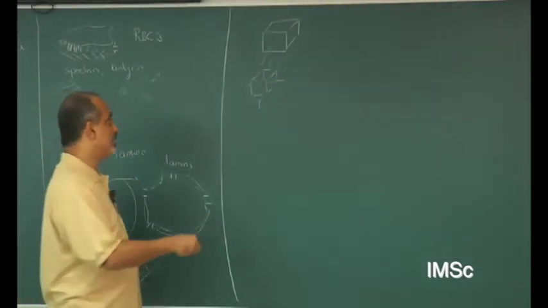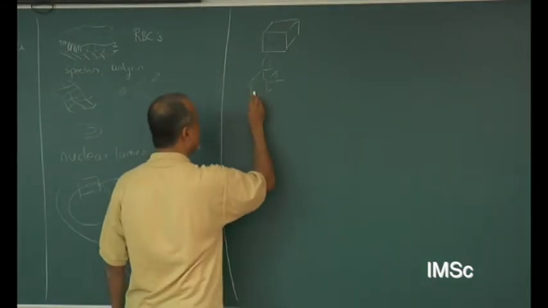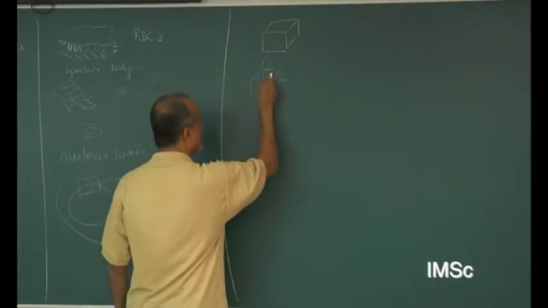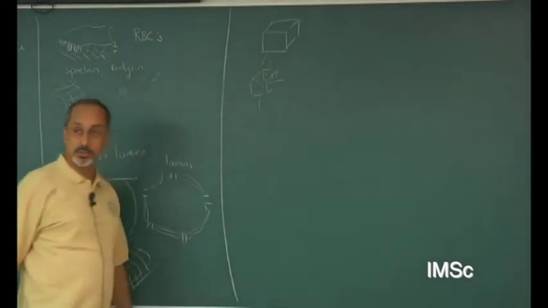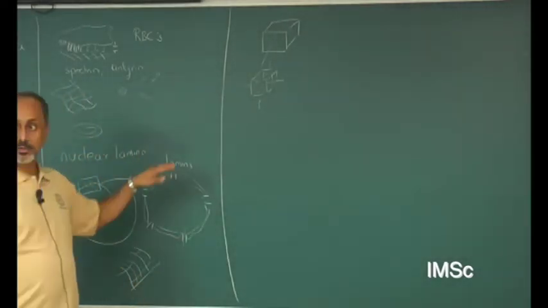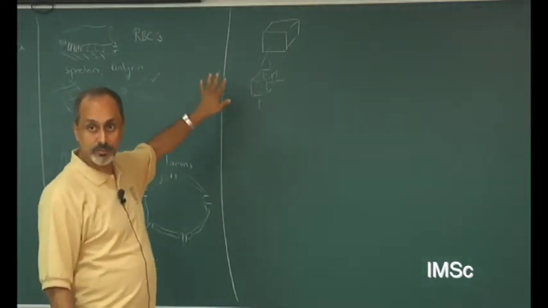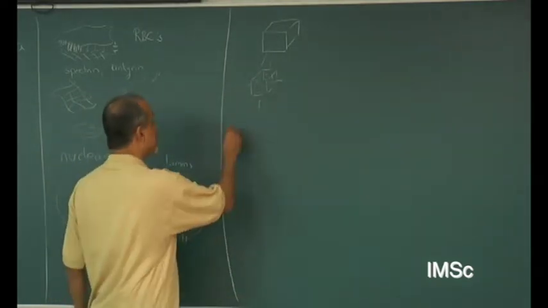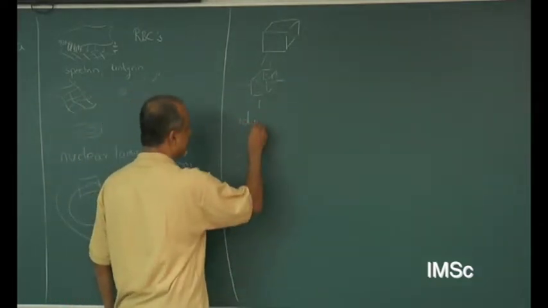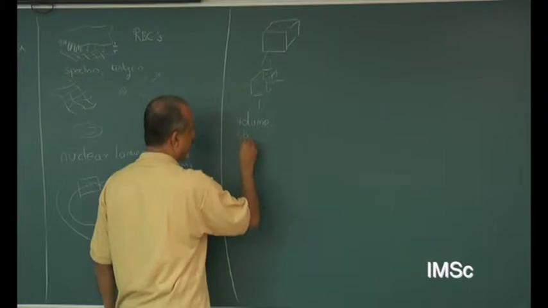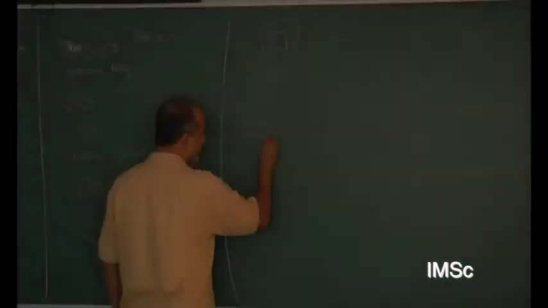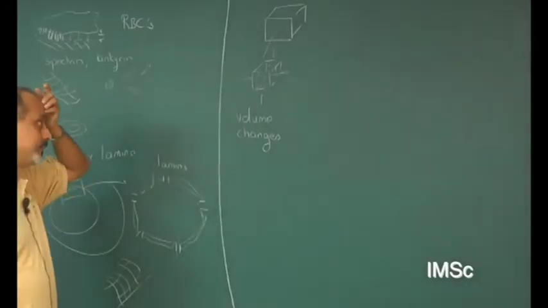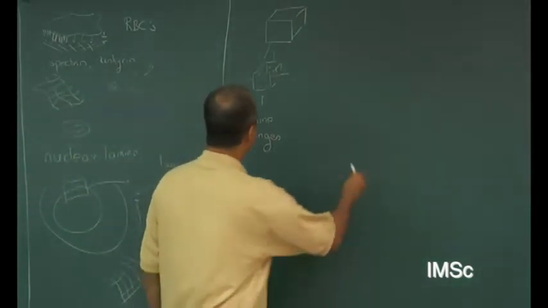Okay? As a consequence of this pressure, this system will distort a little bit and maybe become this much smaller cube. So we need to ask what is the energy required to perform this distortion. And this distortion is a volume changing distortion.